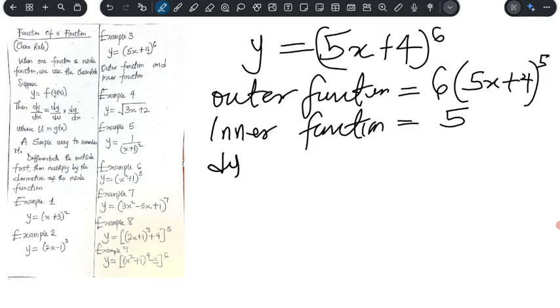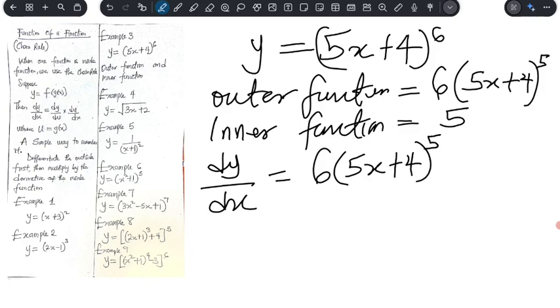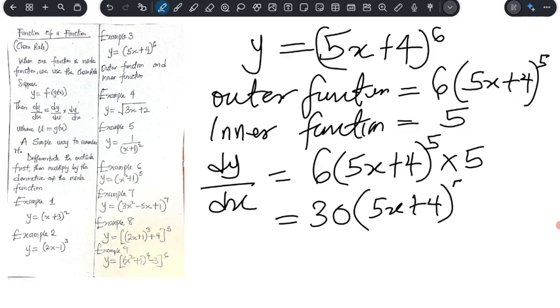So therefore, dy/dx is equal to the outside function multiplied by the derivative of the inner function, which is 6 times (5x + 4) raised to power 5, multiplied by 5, which will give you 30 times (5x + 4) raised to power 5. So that is the final answer for example 3.